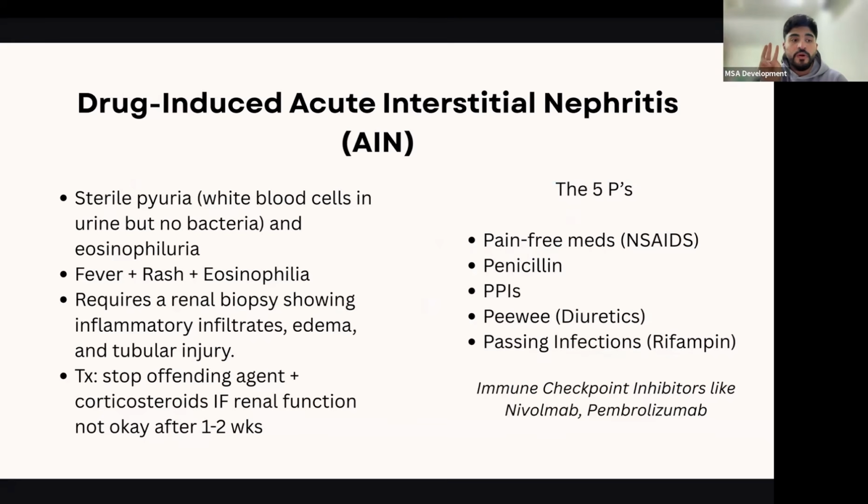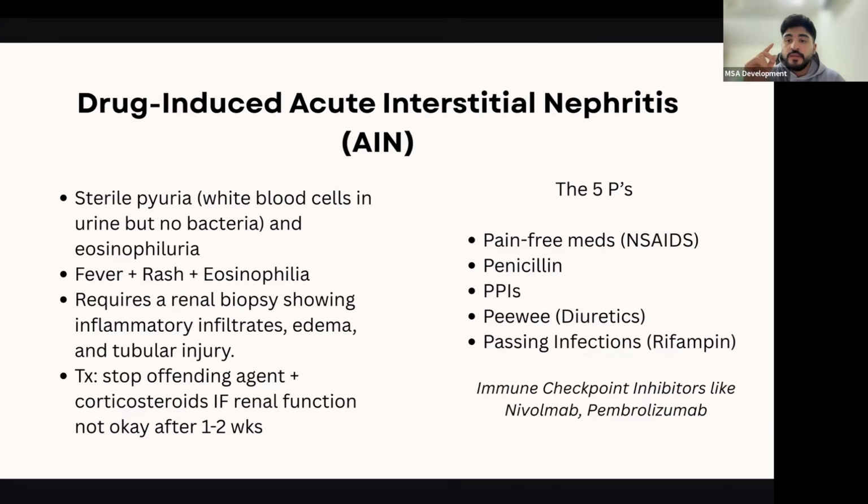So if a patient who is suffering from a long-standing GERD history is taking omeprazole, think about drug-induced acute interstitial nephritis. Patients who are hypertensive or have probably congestive heart failure and they're taking diuretics, it could also cause acute interstitial nephritis. And lastly, rifampin. So this is the very famous mnemonic used.